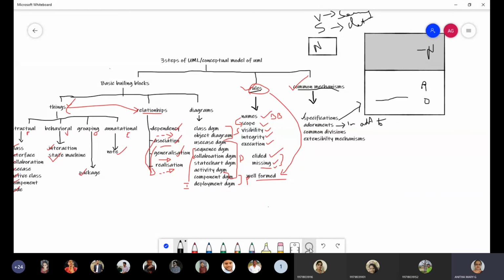What exactly in addition to, that is what the adornments are. Say suppose we have the class notation, the same example I am taking. What is the simplified form? Just a rectangle. In the specified form, we have 3 compartments, each for something. But what exactly can we say adornments are here?